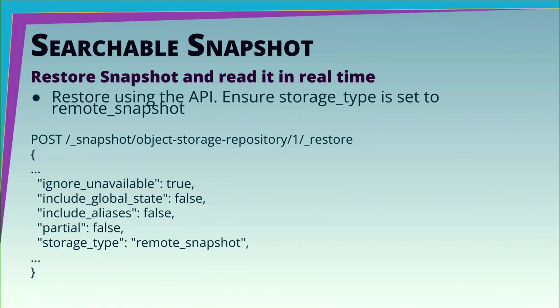By default, the storage type is set to local, so it will copy the entire snapshot locally, and then it will try to run the queries. But if you set the storage type to remote snapshot, it'll actually try to query it while the data is still in the object store, and then it'll cache the required data onto the open source cluster and not the entire thing.